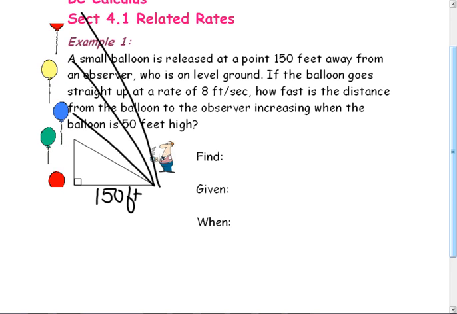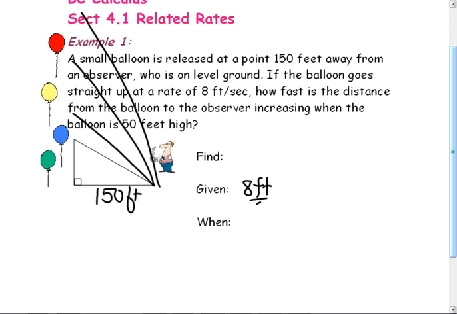So let's see. It's released at a point 150 feet away. It says if the balloon goes straight up at a rate of 8 feet per second. So look at the blue one. It's rising at 8 feet per second. That's given. So I'm going to write this into my given. How fast is the distance from the balloon? So the balloon's going to be here at this instant, and there's the observer.